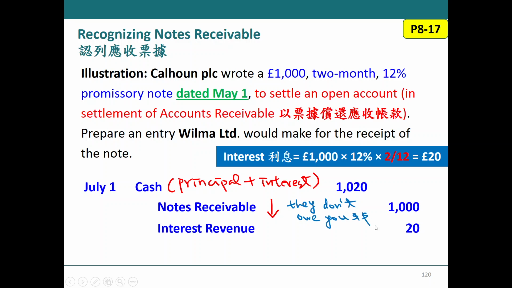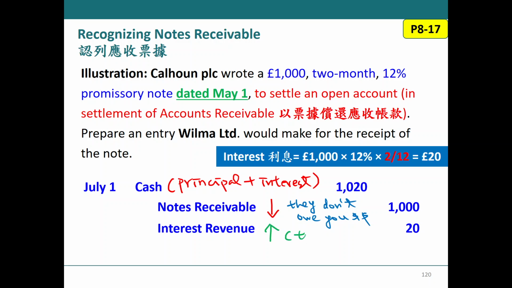So your principal, notes receivable principal here, should be decreased because the customer paid the principal to you. And don't forget, at the same time, because time passed, interest is incurred, right? So you earn 2 months interest. That's why your interest revenue increases. Why is that?